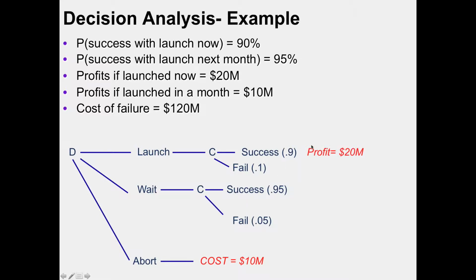So the profit here, as I've said, if I launch now, the profits are $20 million. Failure is 120 million. Chances are low, but that's a possibility. Here, if I wait a month and I'm successful, my profits are $10 million. And of course, the same cost for failure. So now I can calculate what is the expected value for each of these decisions based upon these numbers here.